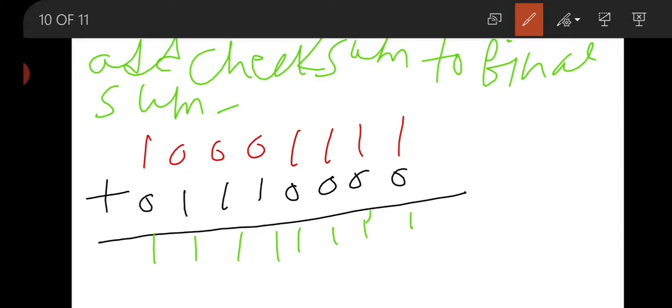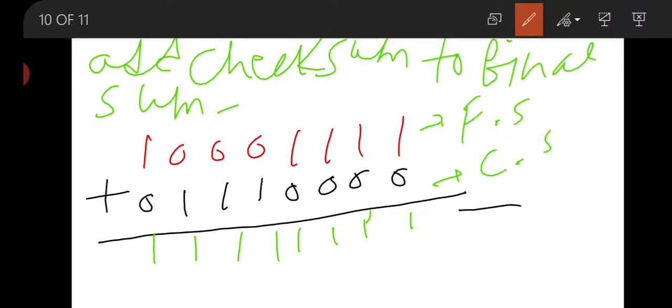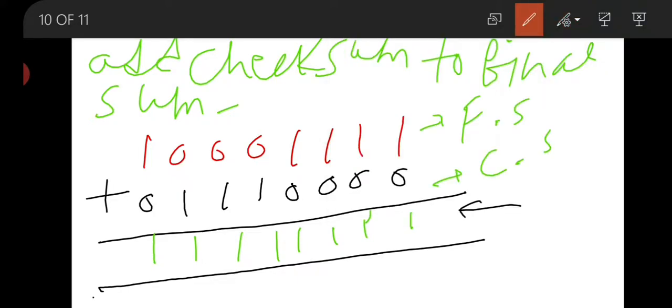Now this is your final sum. Now we have to find the complement of this data. If we find the complement, it becomes 0 0 0 0 0 0 0 0.